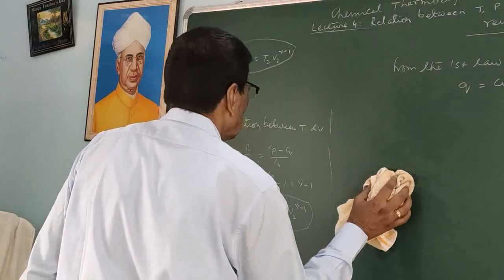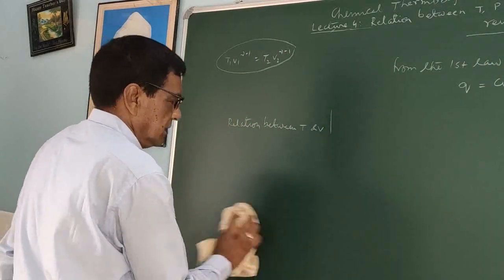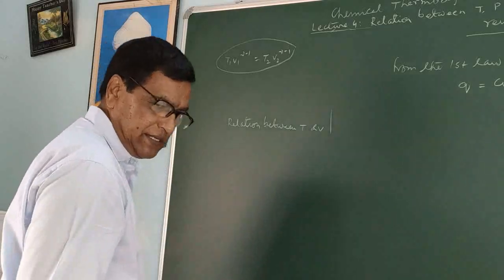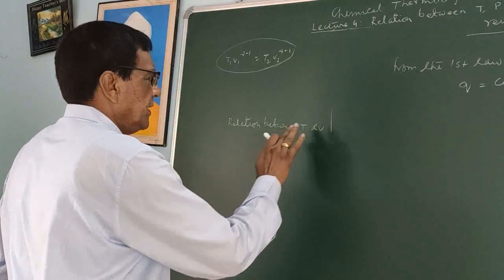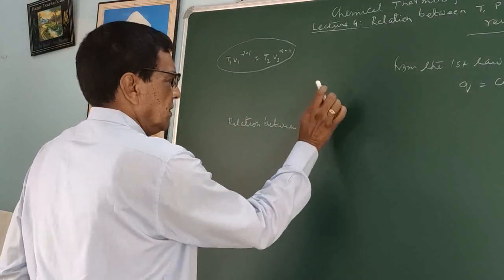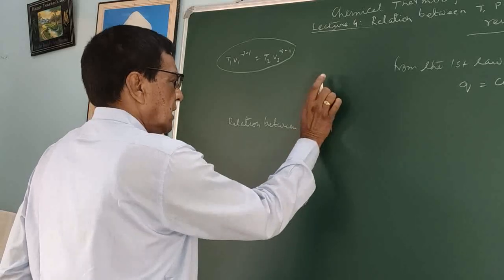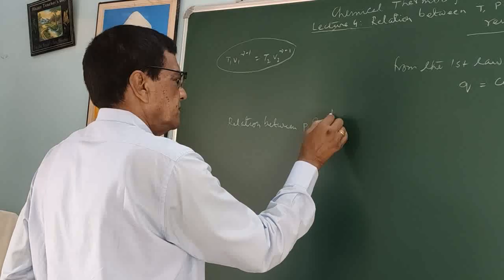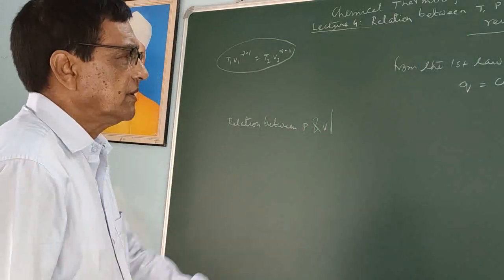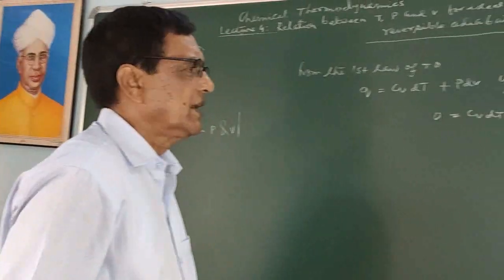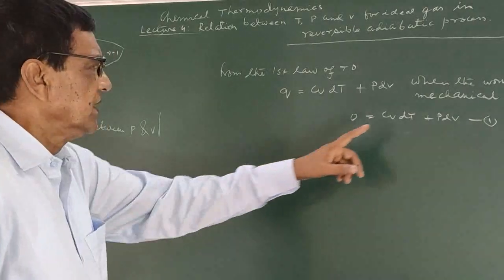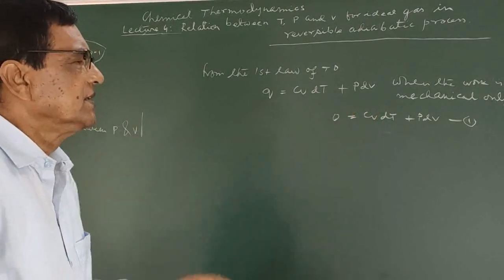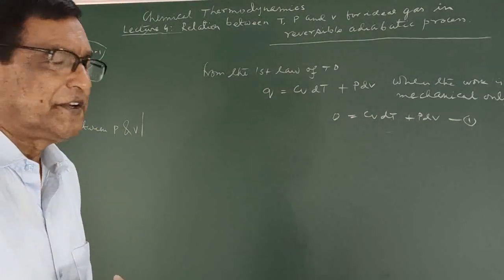Now I would like, in a similar way, to find the relations between P and V. This is the starting equation. I can take it, and here dT is to be eliminated.